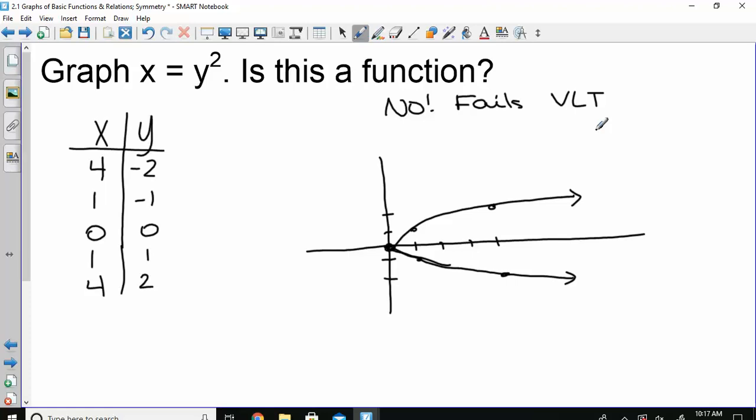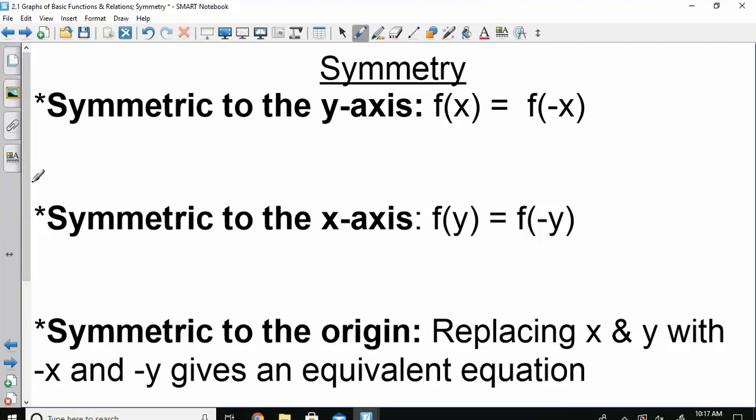So let's talk about symmetry now. So you probably are going to have to get out some notes to finish this, or get out notebook paper, because I gave you definitions, but I didn't leave room for the examples. I was trying to save some trees, I guess.